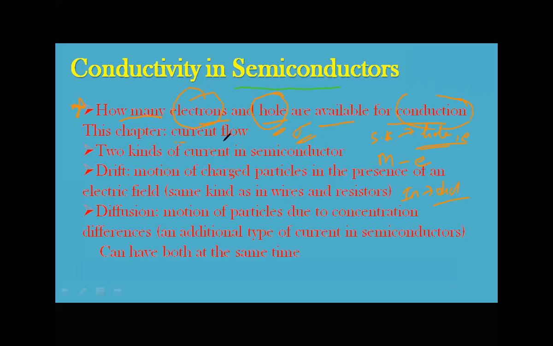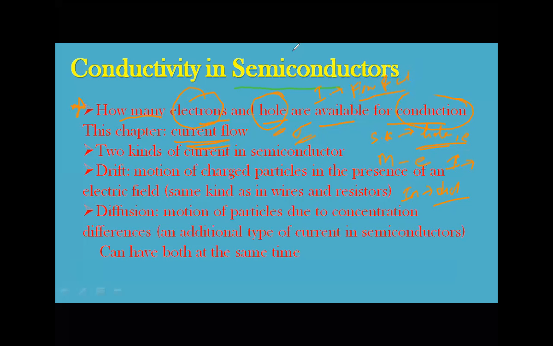Then current flow. What is the current flow? When the charges are moving, you have the current. Current is nothing but charge moving, flow of charge. Here electrons are moving, holes are moving.